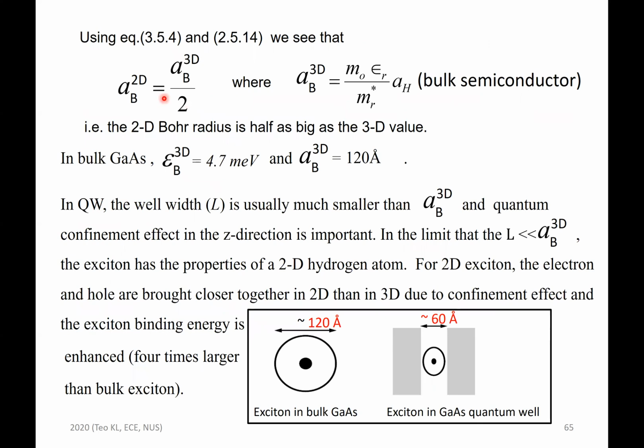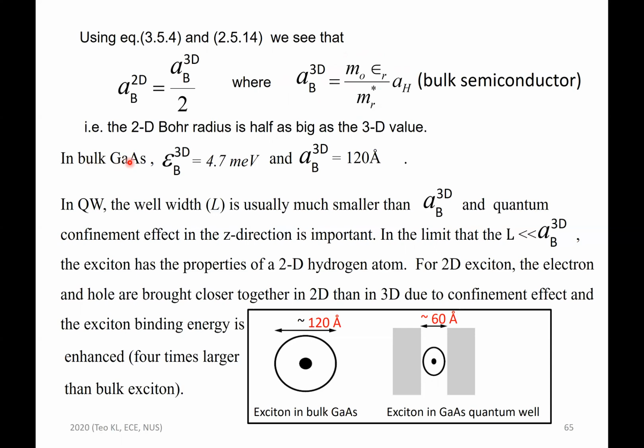It's basically half of the three-dimensional Bohr radius of the exciton. So the Bohr radius of the exciton in the two-dimensional case is only half of the Bohr radius of the three-dimensional case. Remember the Bohr radius is of this form. So that is your bulk semiconductor. So it's only half of the 3D value.